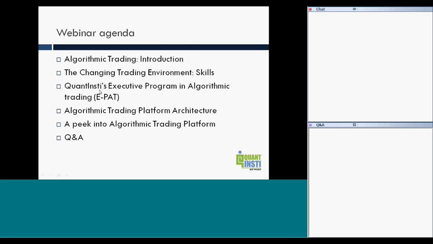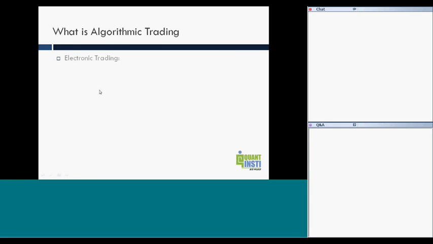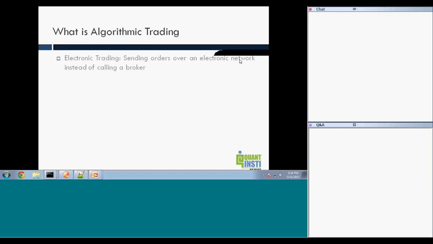So the question is, what exactly is algorithmic trading? First, let's look at a broader thing called electronic trading, which became prevalent in the 1980s, even before that in the developed markets. That is sending orders over an electronic medium instead of calling a broker. Earlier it used to be more of a pit.